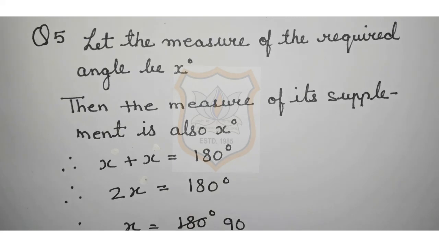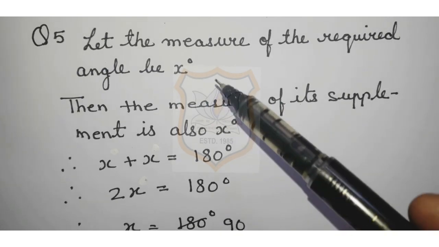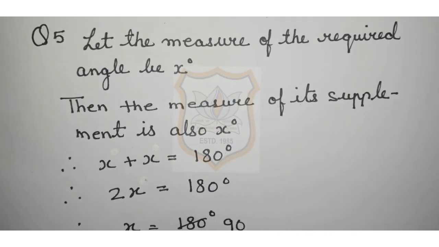Because both the angles are of equal measure, as given in the question. So both are x degree. Now x plus x is equal to 180 degree, because the sum of the measure of supplementary angles is 180 degree. This is the equation formed.